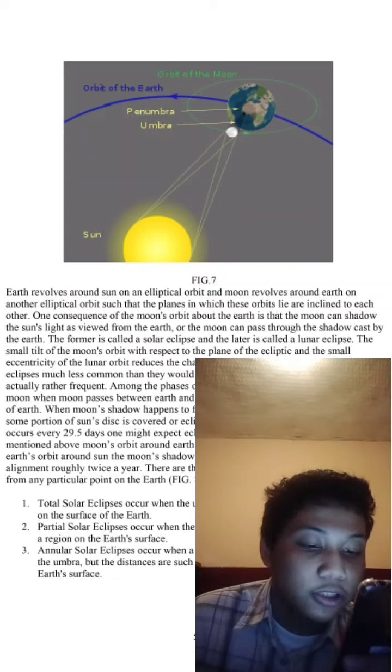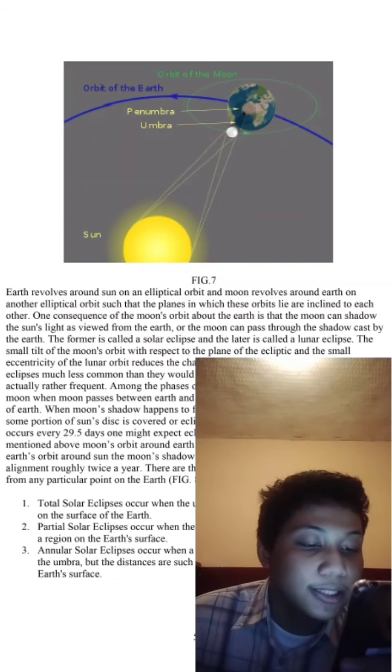One consequence of the moon's orbit about the earth is that the moon can shadow the sunlight as viewed from the earth, or the moon can pass through the shadow cast by the earth. The former is called a solar eclipse, and the latter is called a lunar eclipse.